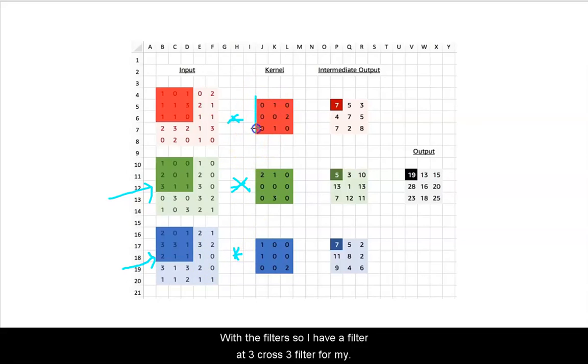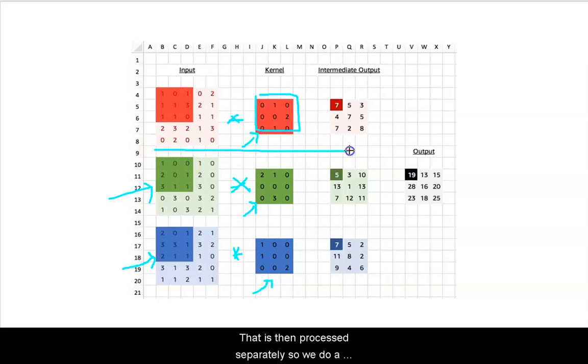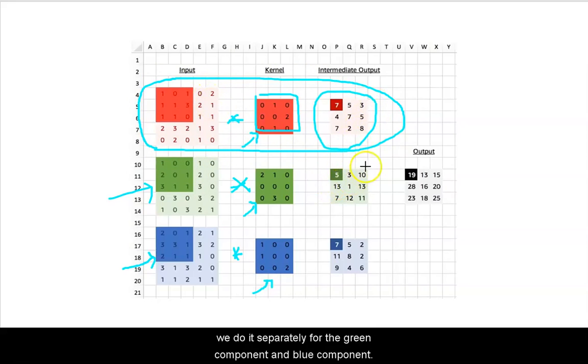So I have a 3x3 filter for my red component, another filter for the green component, and another filter for the blue component in my color image. Now that is processed separately. So we do a convolution operation on the red component separately and we find its result. Similarly, we do it separately for the green component and the blue component.